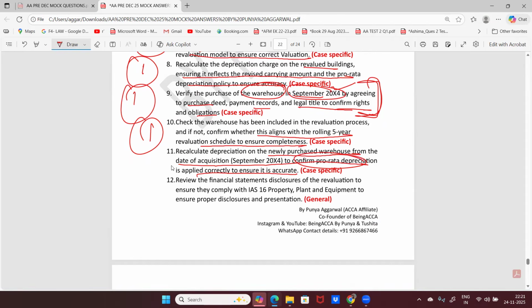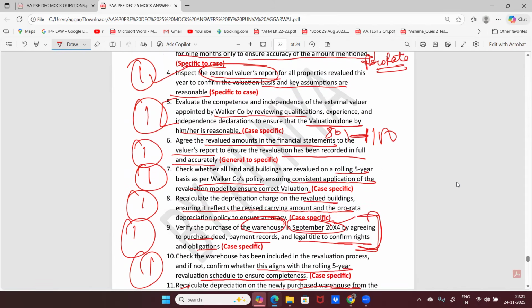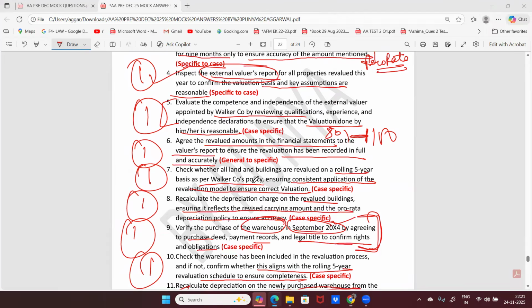So again, pro rata basis correctly applied, which is your general one, IAS 16. So you can add so many case specific procedures with just a small three-liner paragraph. It's just doing hard work and a lot of practice that can make you perfect in substandard procedures. Nobody can beat you if you are following this approach. This is my guarantee to you, right?